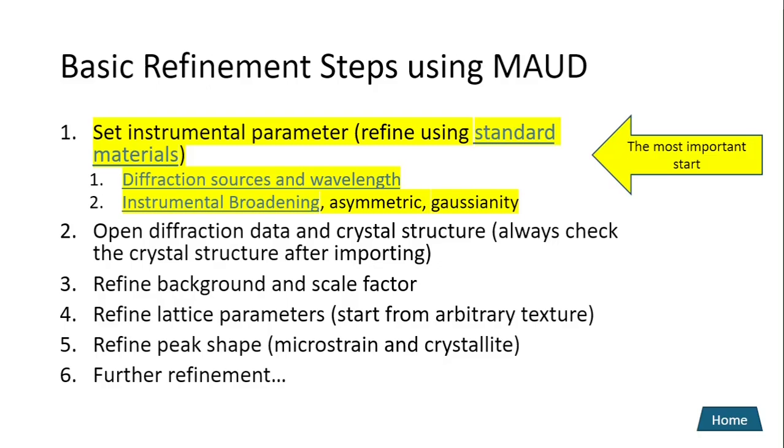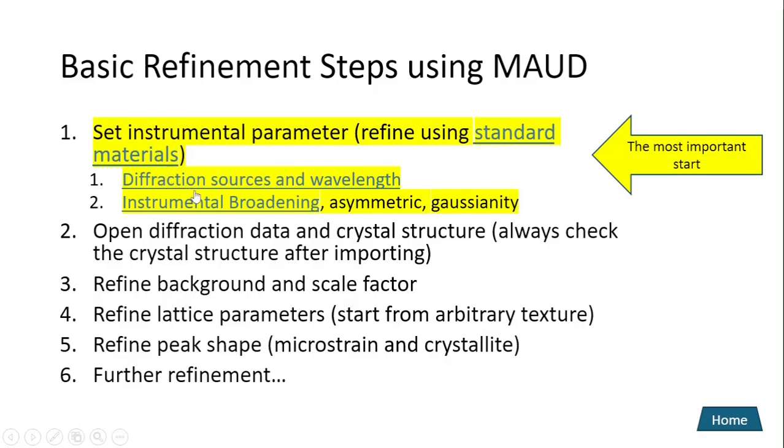There are at least 5 steps, but the first one is very important: we have to set the instrumental parameters for diffraction, for reflection, for fluorescence. We have to set the correct, or not the correct but the closest, instrumental parameters. How to obtain it? I will make a video later, but shortly it's using a standard material. And what is contained in this instrumental parameter?